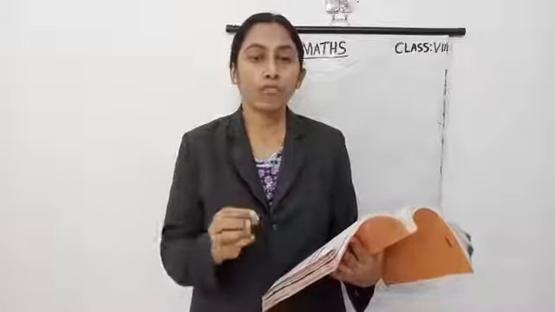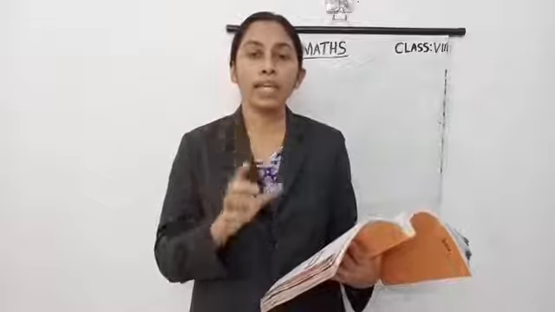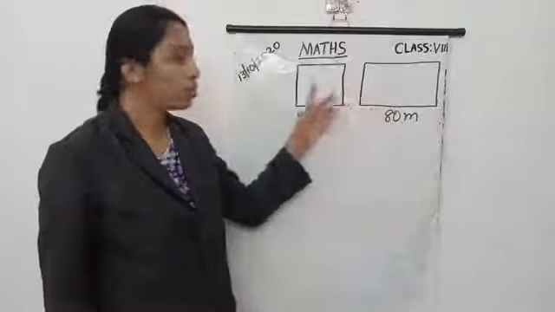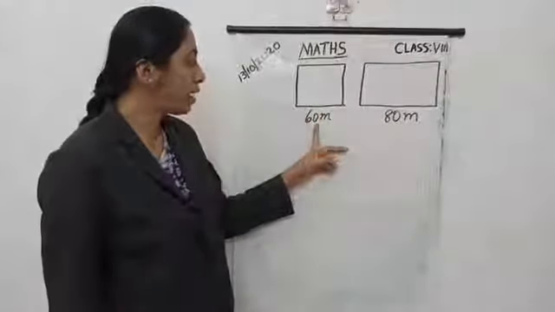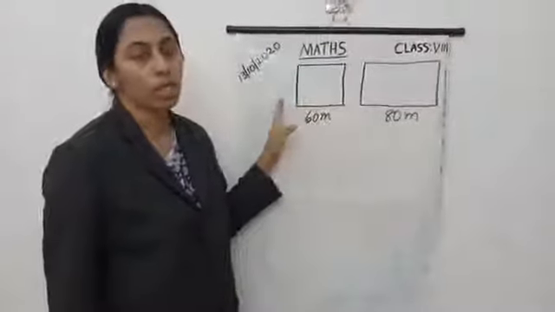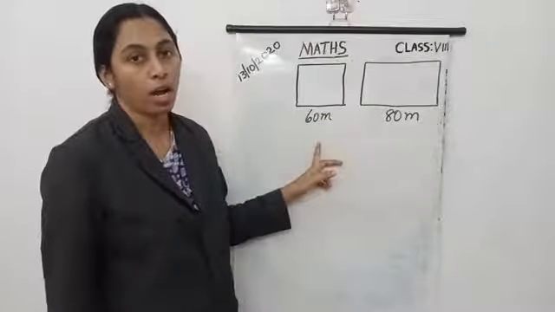So we need to find the area of both given figures and find which is greater. So we need to compare the areas. Given the square side, one side is 60 meters, and all sides of a square are equal. So first we are going to find its perimeter and area.